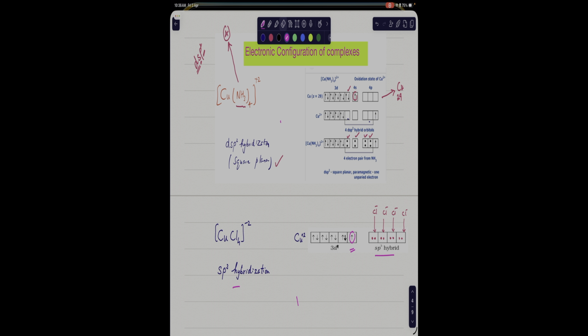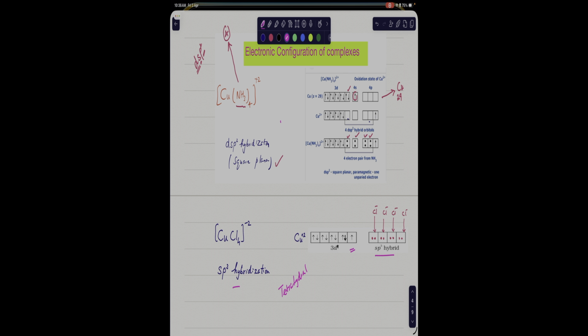The reason is that chlorine is one of the most electronegative elements among all the elements. So when chloro ligands are there, there will be greater repulsion between the ligands. In that case, you will be going for tetrahedral shape.